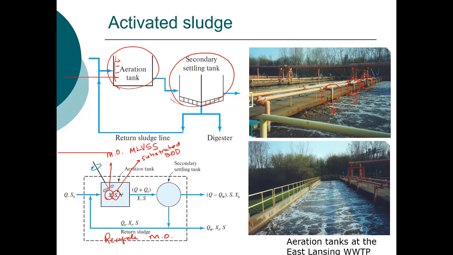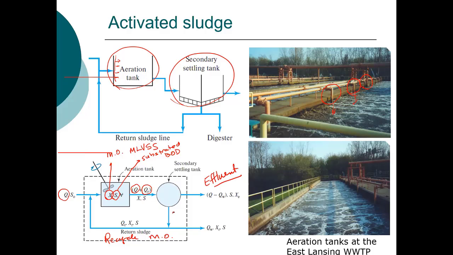So notice we have Q. This is the Q from the primary settling tank. We have a return flow rate. So this is what's coming from the bottom of the secondary clarifier. So this is our effluent here.